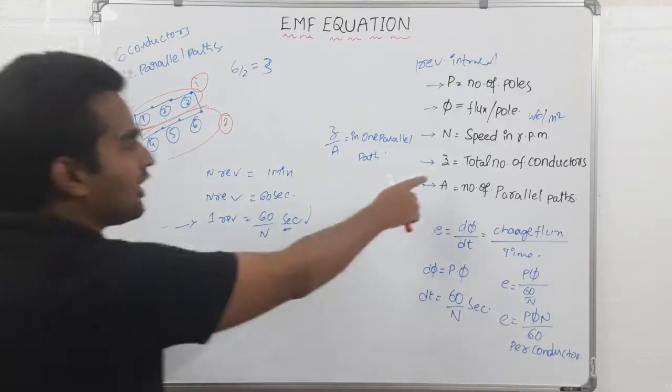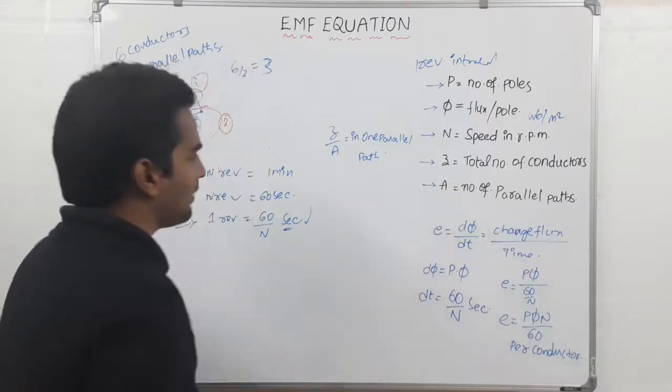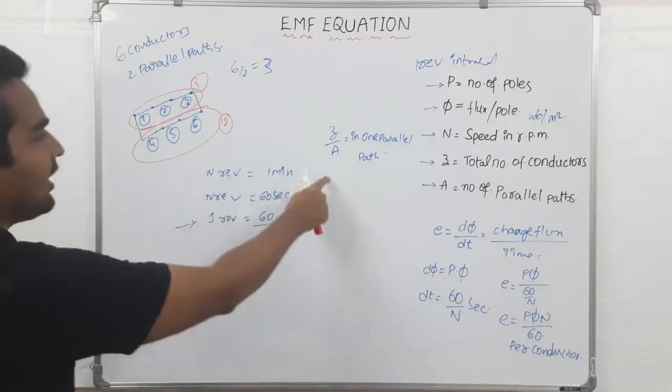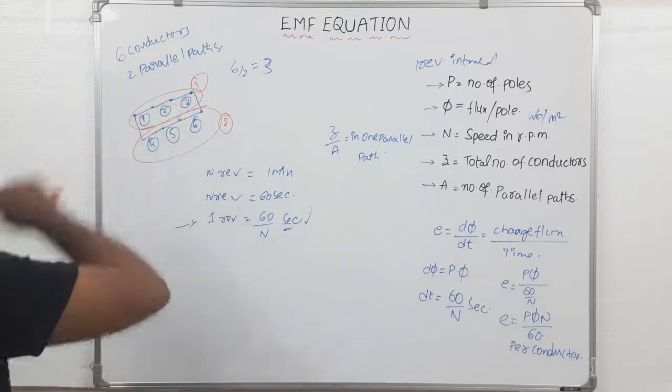Suppose there are Z number of conductors arranged in A number of parallel paths. Z by A conductors are there in one parallel path, connected in series.